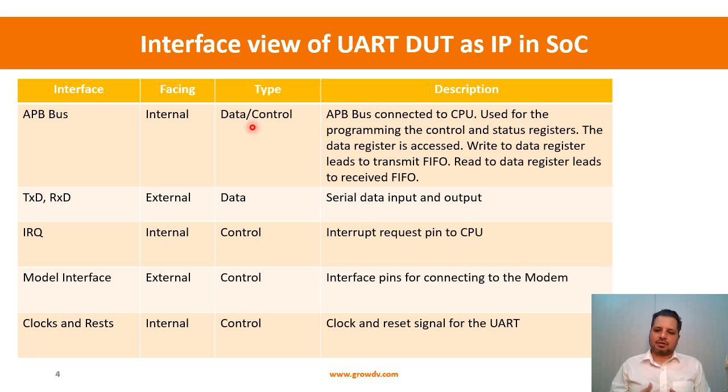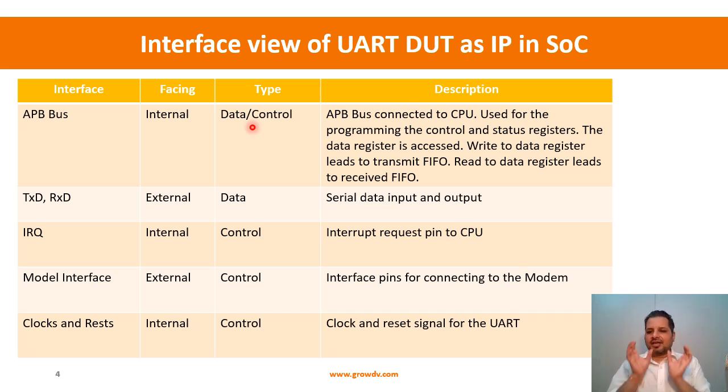In the case of the UART, both the data path and the control path are controlled through the APB bus only. Let's say we have a high speed IP like USB. In that case, the data path might use an AXI bus, and the control path might use an APB or AHB bus, right?